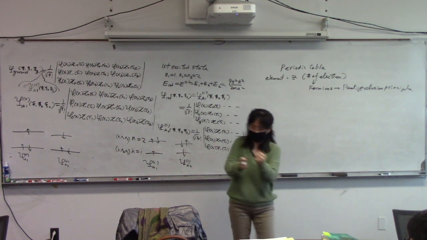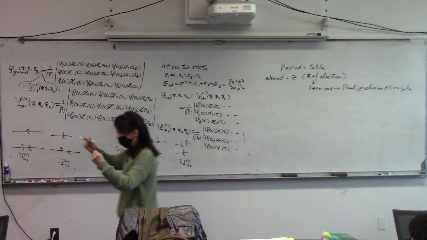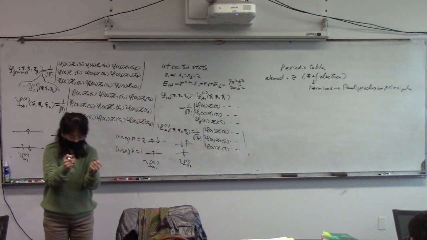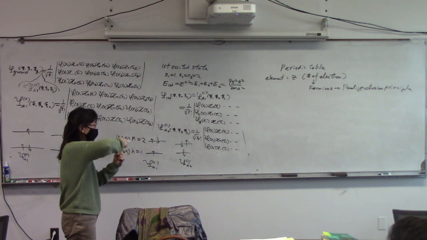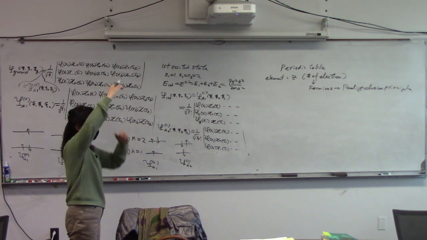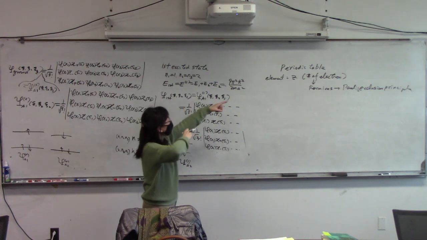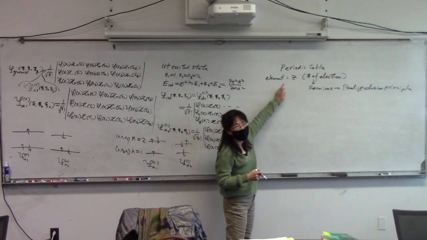So we know we have Z electrons, and we cannot put all of them down in the first energy level. When the first energy level is full, they have to go up, and up, and up. That's why the orbitals occupied by each element are different, since Z is different.